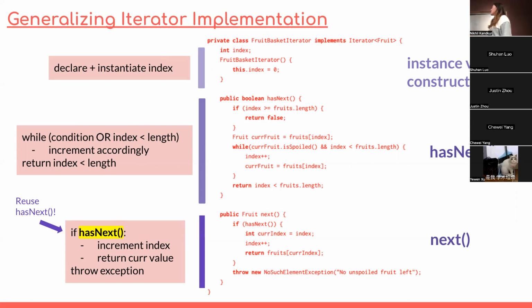Typically you'd have certain conditions you need to satisfy for another element to exist, for example, or you've literally reached the end of the iterable. And if this happens, you increment accordingly to your proper position, and then you return whether or not the index is still less than the length of the iterable.